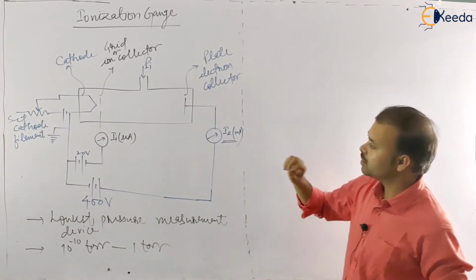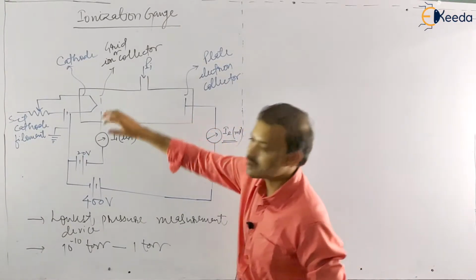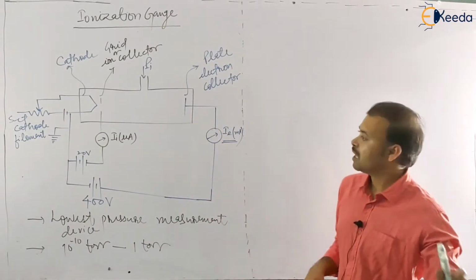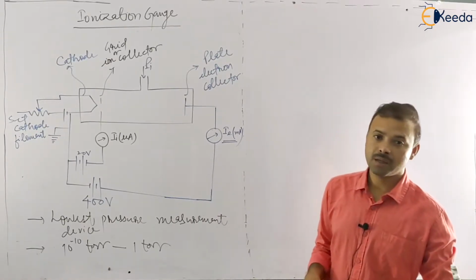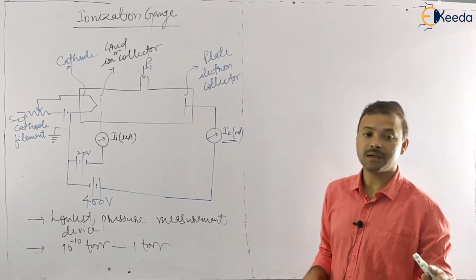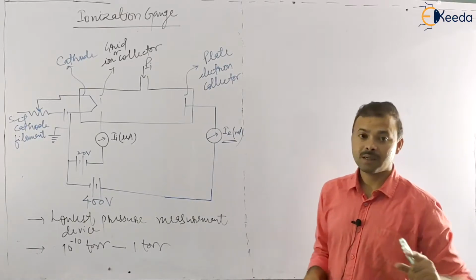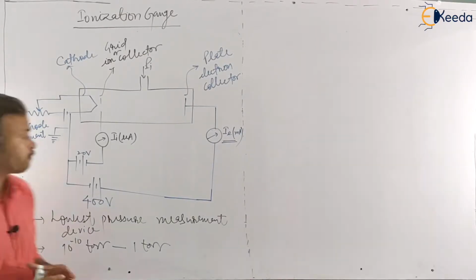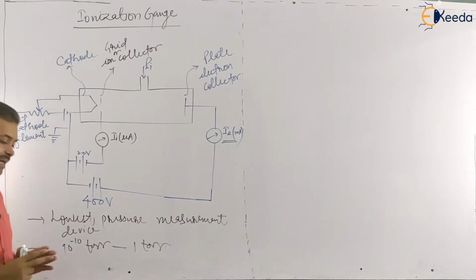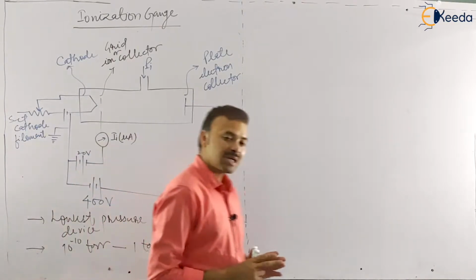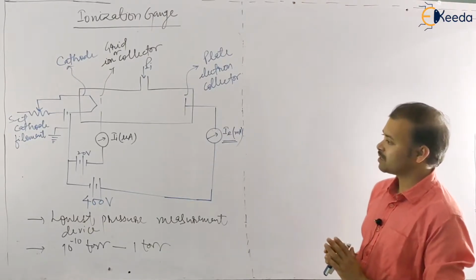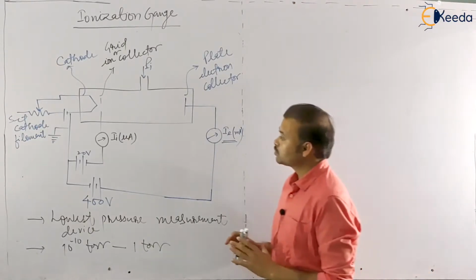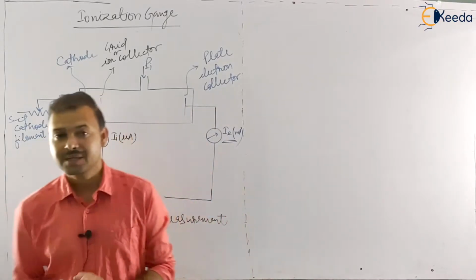Because ionization means a positive and a negative, electrons and ions are created, or in the language of chemistry, anions and cations are created, and those are collected by the respective plates.